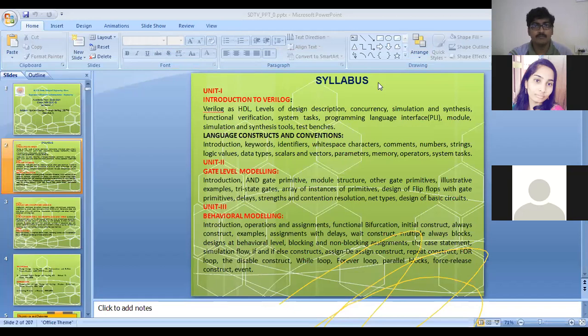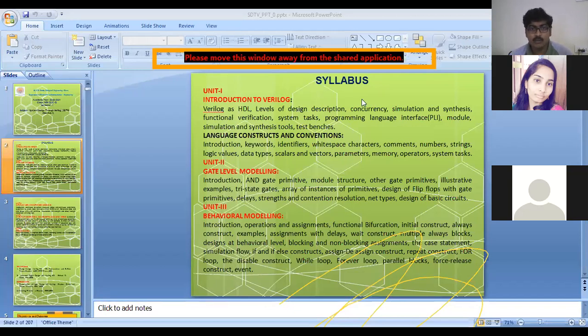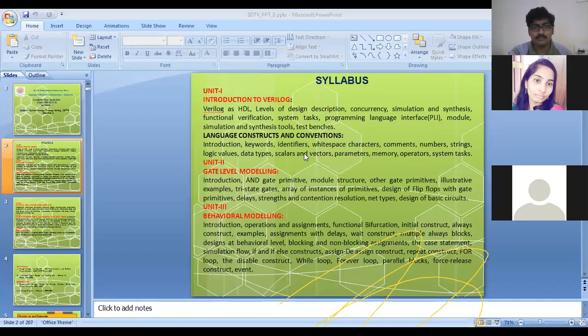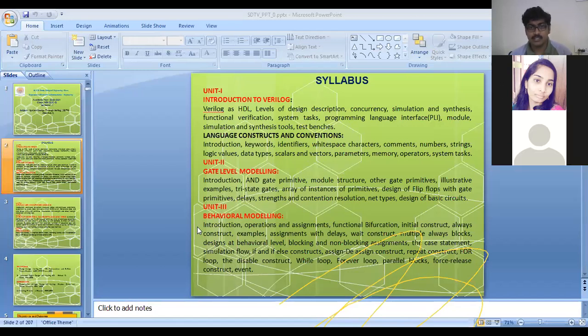In each of the units, we will be discussing one modeling style, such as behavioral modeling. You can see here some operations and assignments, some functional bifurcations, initial constructs, and always.